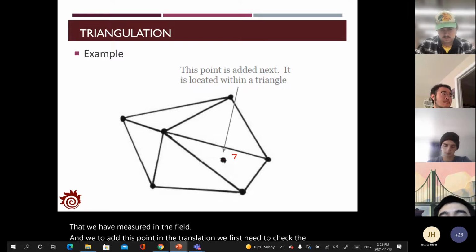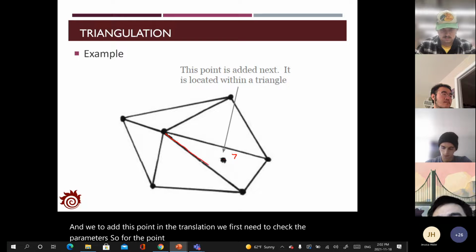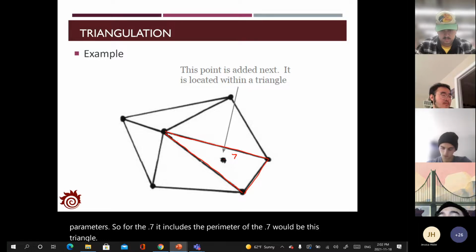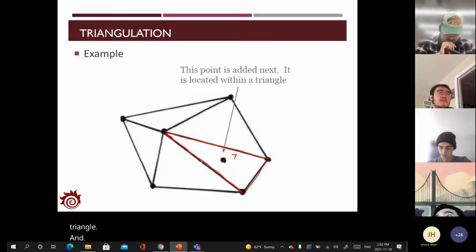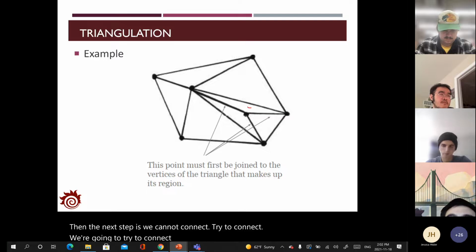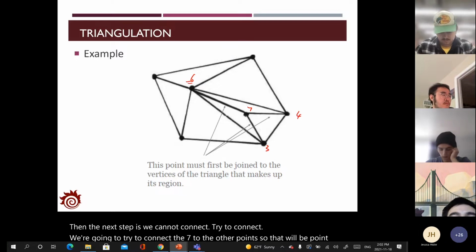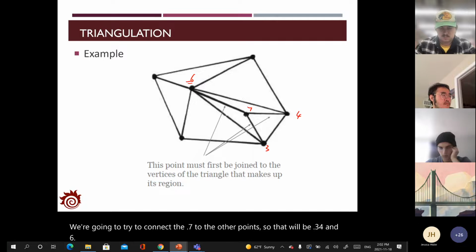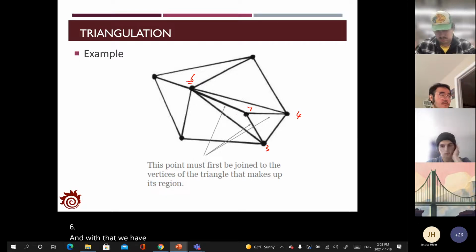The parameter of the point 7 would be this triangle, and then the next step is we're gonna try to connect the point 7 to the other points. So that will be point 3, 4, and 6. And with that, we have 3 triangles generated, 1, 2, and 3.